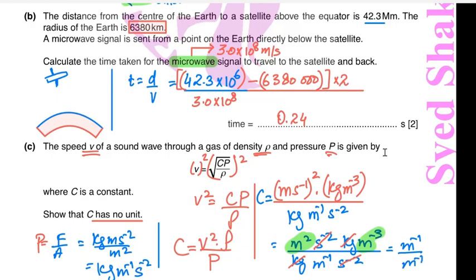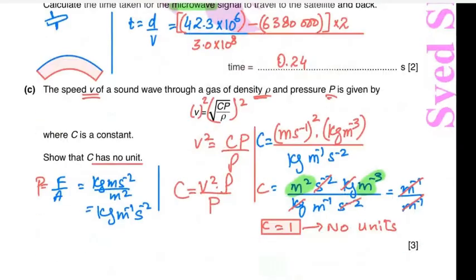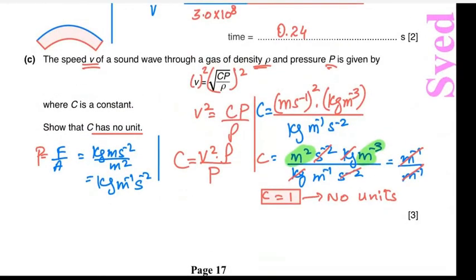So that is cut again, and you are left with C equals to 1. So C equals to 1 means C has no units. So C is a constant basically. Some constants do have units, others do not. And hence it was for 3 marks.